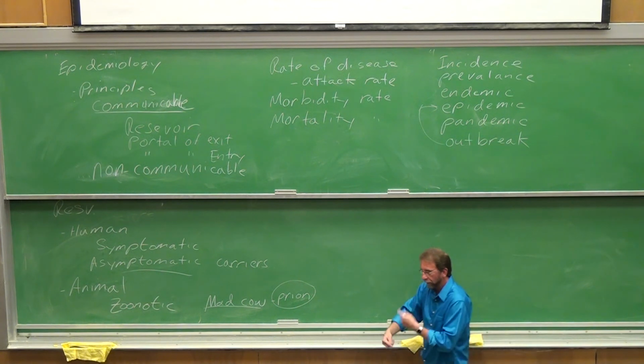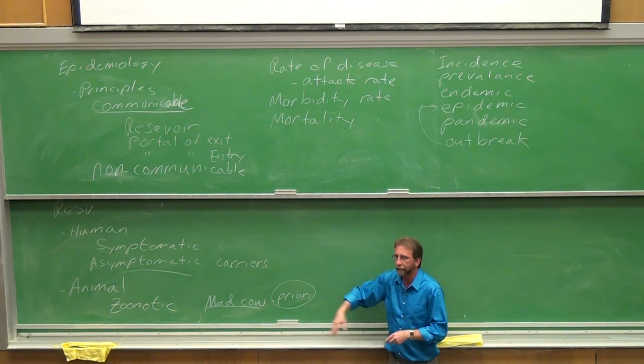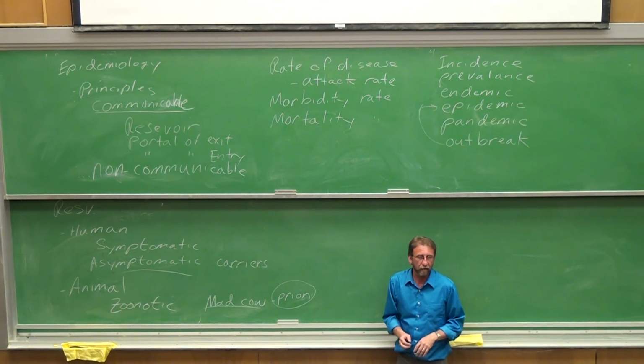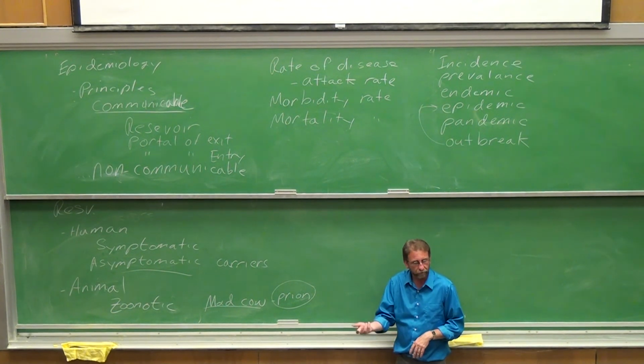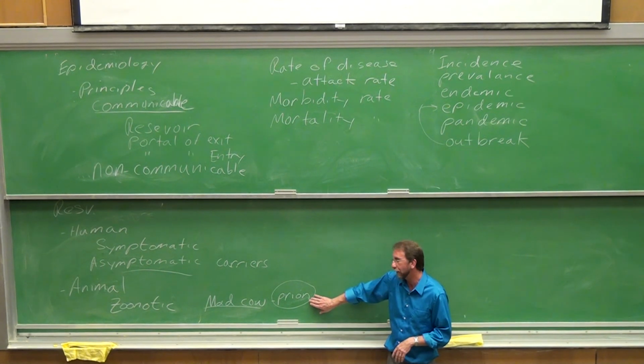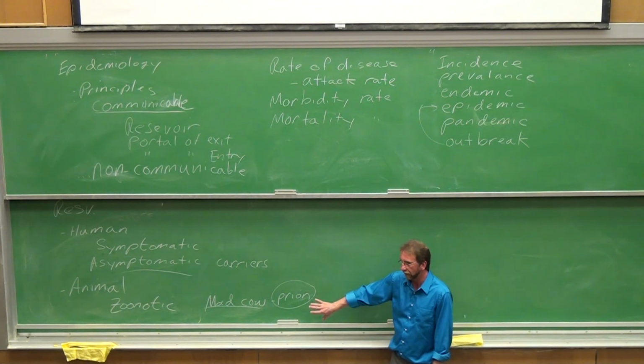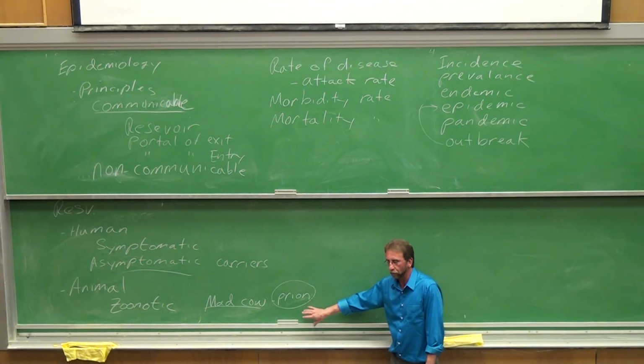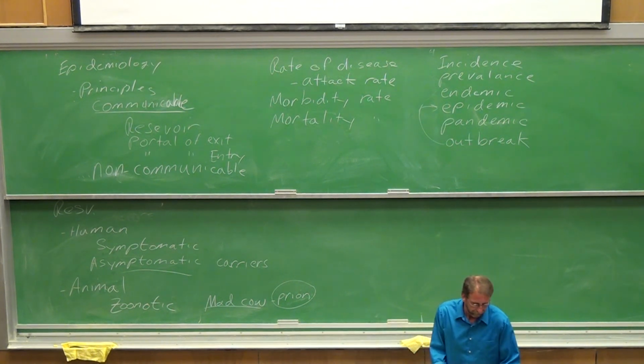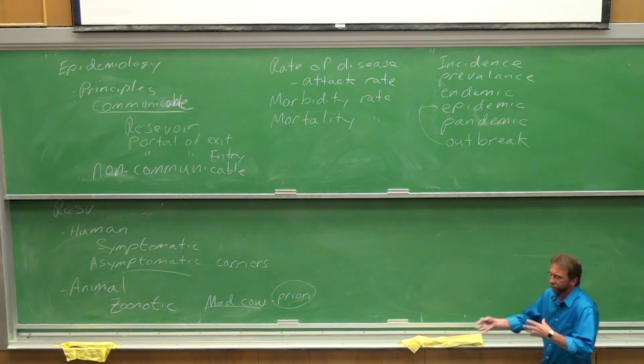So you get this cascade of proteins becoming non-functional, and so then those brain cells eventually die because they don't work anymore. So that's what they are. Like I said, there's some debate as to whether or not prions are real or if they're actually a byproduct of some kind of viral infection.